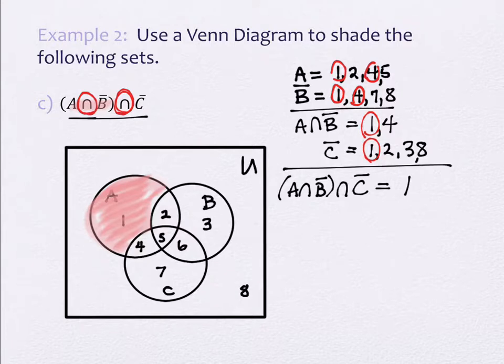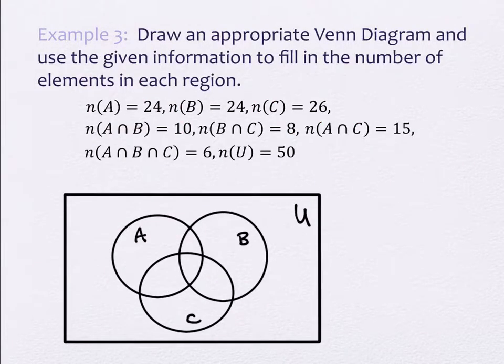What this is telling you then, the very first piece on here, is that all 4 of those areas inside of circle A have to combine in total to represent 24 elements. So some of those elements are in part of the A that's not overlapping everything. Some of those elements may be in the part of the A that overlaps B and C, right?